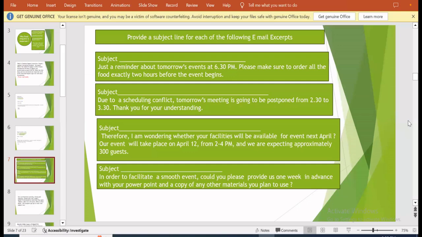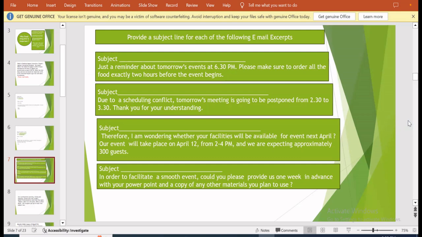Asking for providing one week in advance the PowerPoint and copy of material, to facilitate a smooth event. A request for requirements regarding the event. Need attachment or material in advance for order and facility.